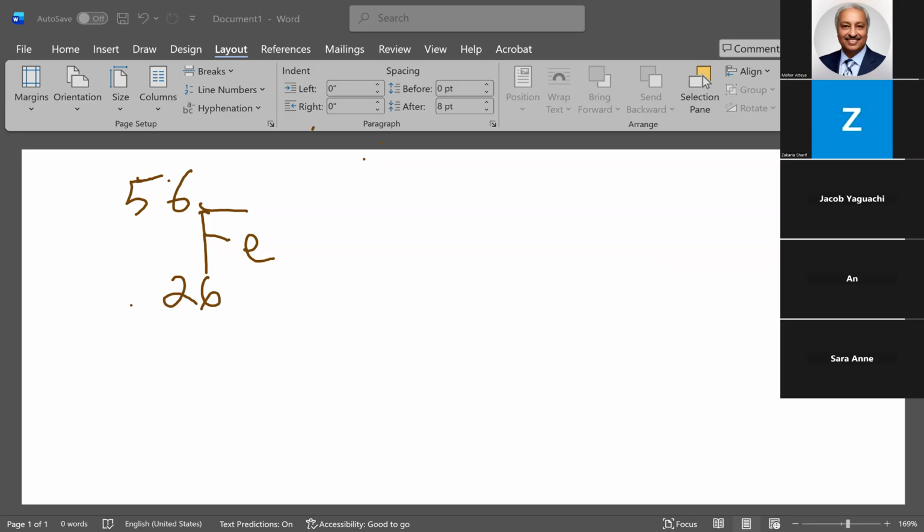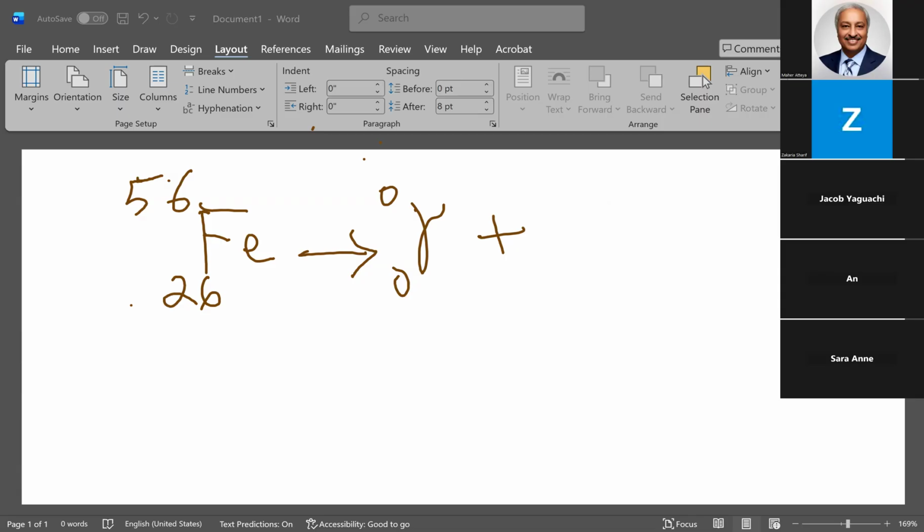What will happen if iron loses gamma radiation? What will be the element coming out? Tell me. I will give you a couple minutes to think about it.